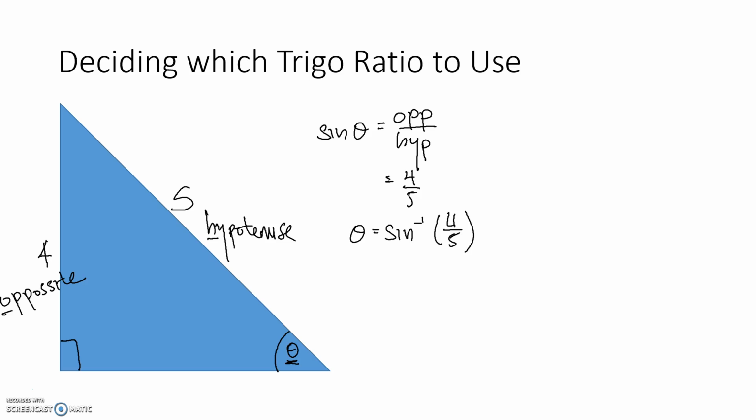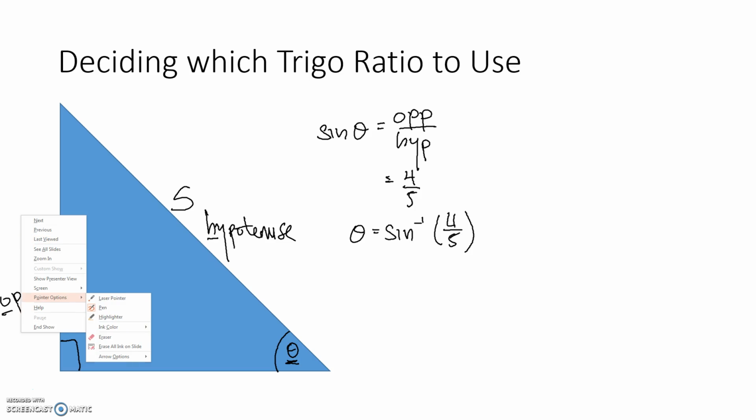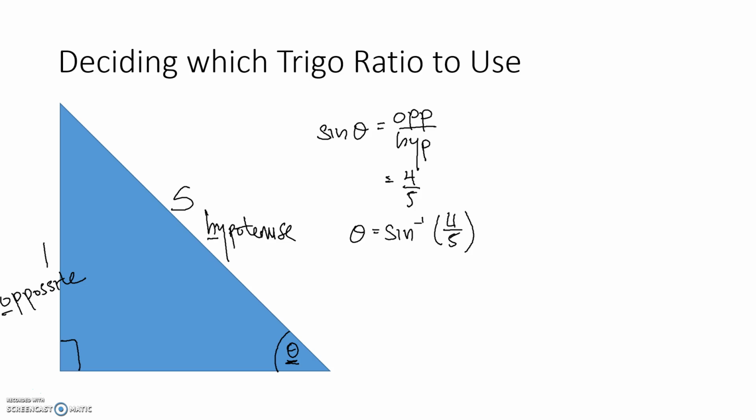Now, if, for example, you are given this information, where you are given the adjacent and the hypotenuse, there's no need for you to look for the opposite side through the Pythagoras theorem, because you already can use a trigo ratio available to look for theta.